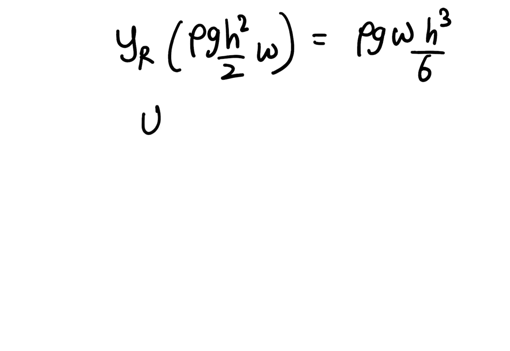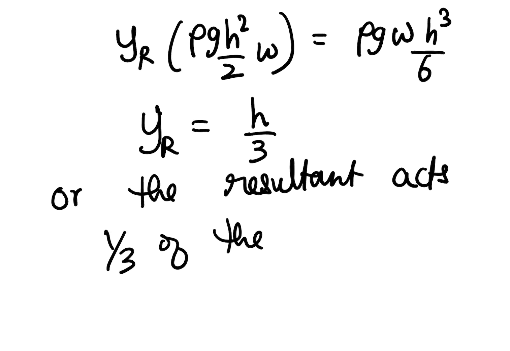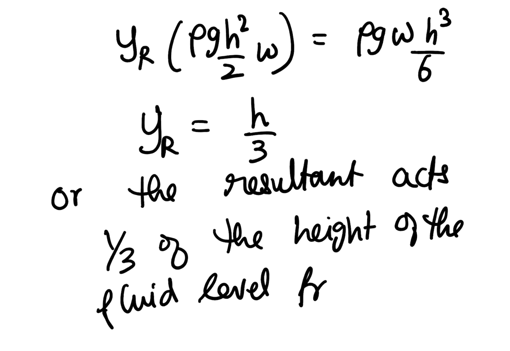So if I solve for ZR, this is equal to H over 3, or in other words, the resultant acts 1/3 of the height of the fluid level from the bottom.